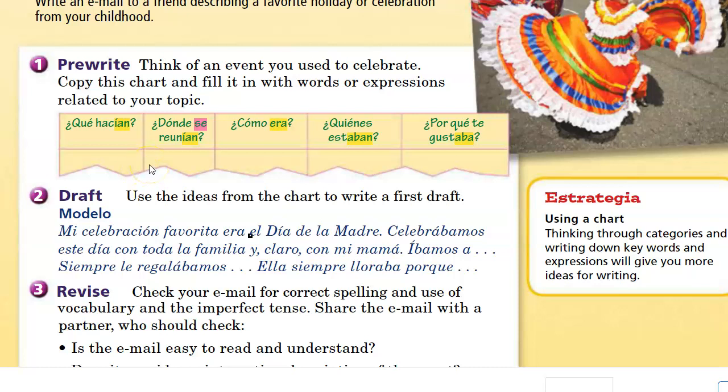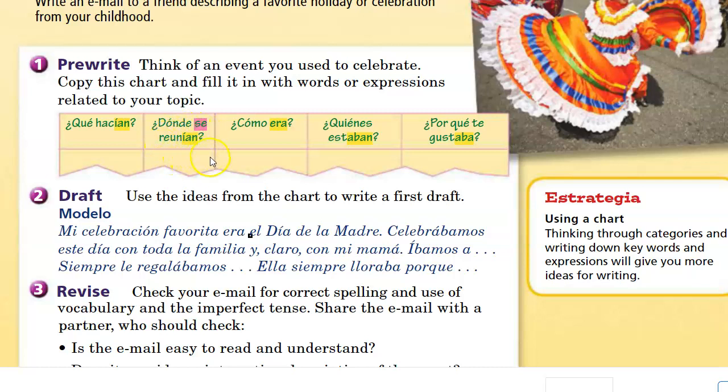Second question, ¿Dónde se reunían? Where did you guys used to get together? Nosotros nos reuníamos.